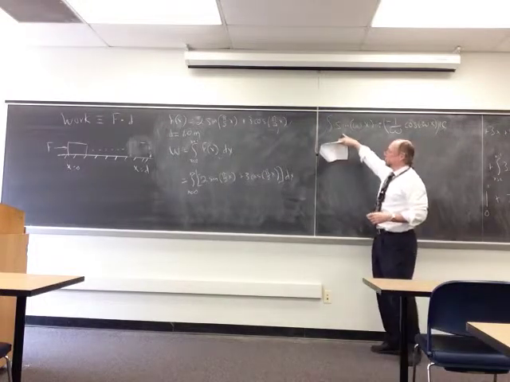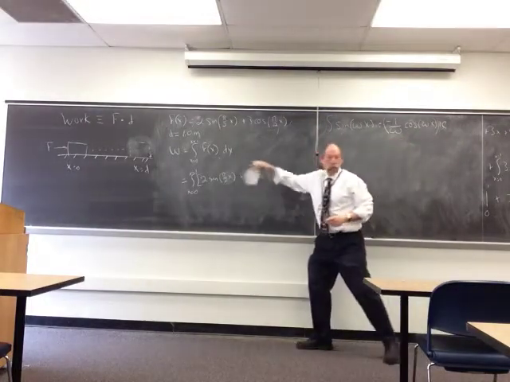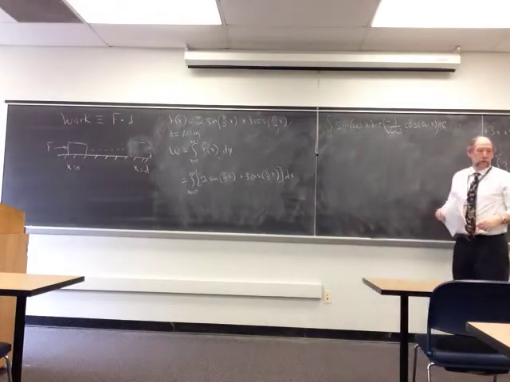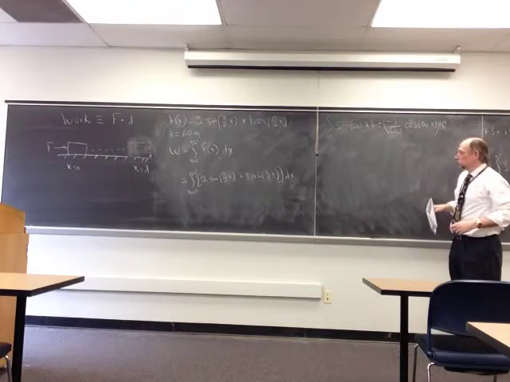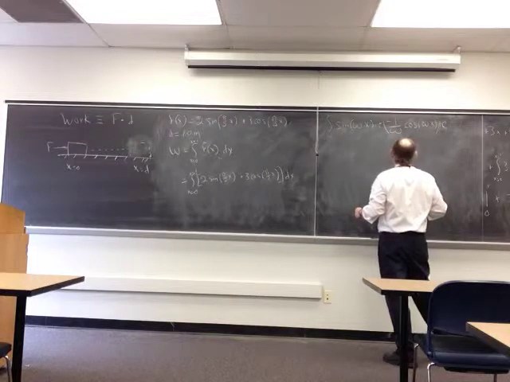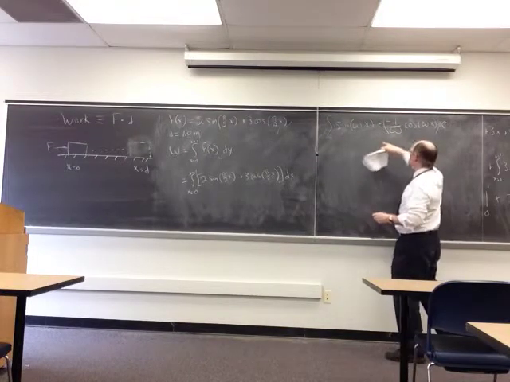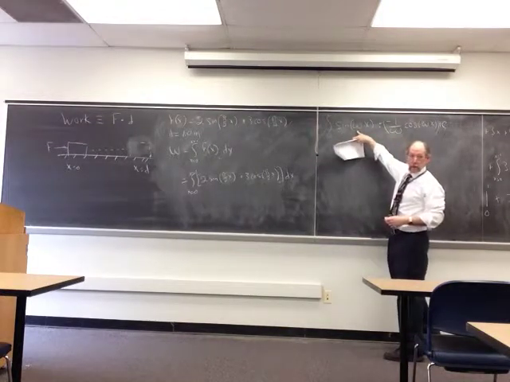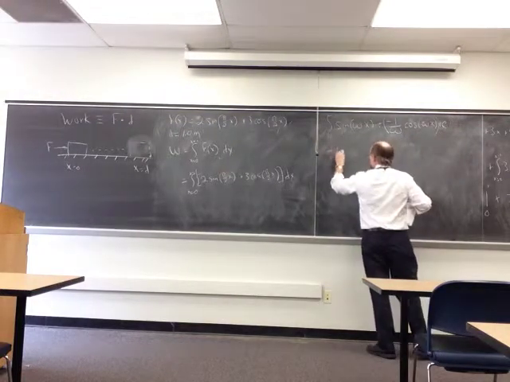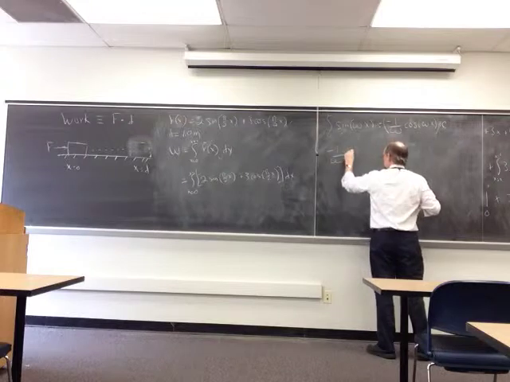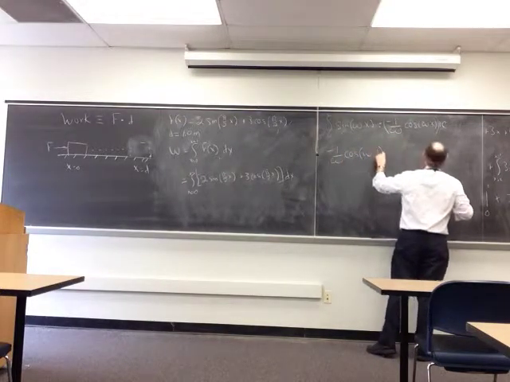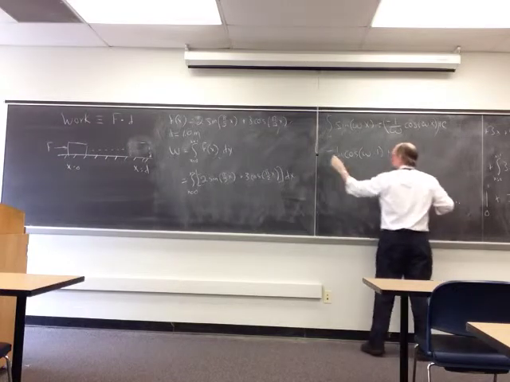But if we evaluate this from, say, 0 to 1, that would say then we evaluate this function at 1 and subtract its evaluation at 0. Minus 1 over omega cosine omega times 1 plus c.